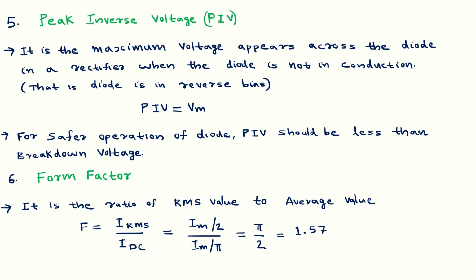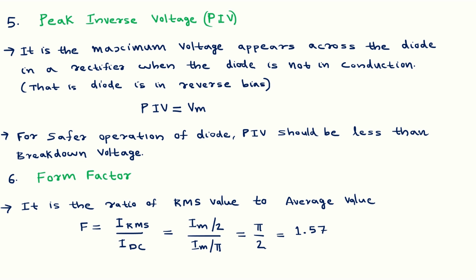When the time is from pi to 2 pi, the diode is in reverse bias, that means not in conduction. The maximum voltage developed across the diode at that time is known as peak inverse voltage, indicated by PIV.